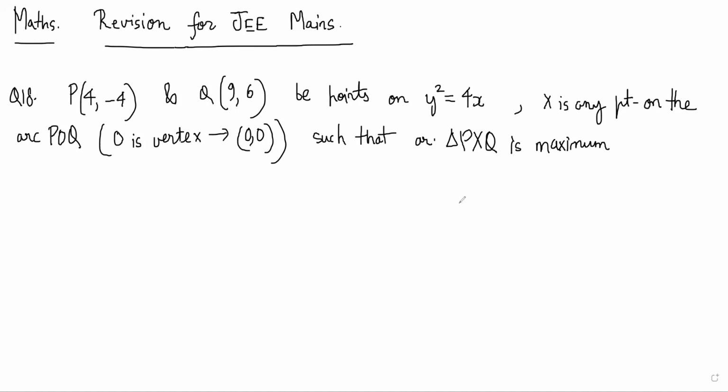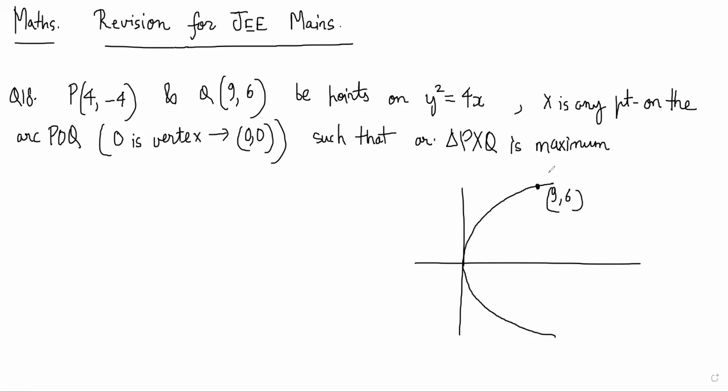Okay, so you have a parabola like this. You have to find the maximum area. Let's say (4, -4) and (9, 6). So this is, let's say, (9, 6). This is your Q, and (4, -4) is somewhere here.